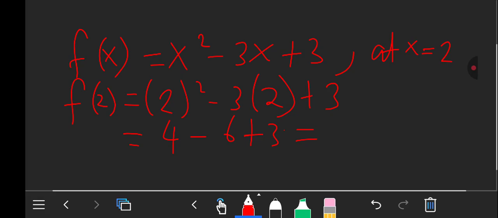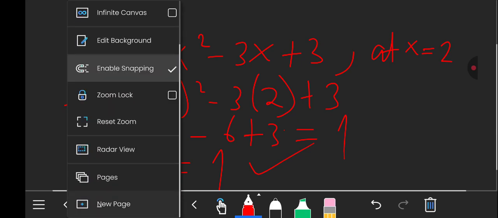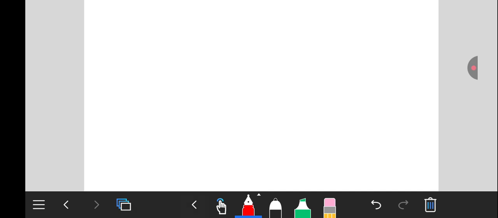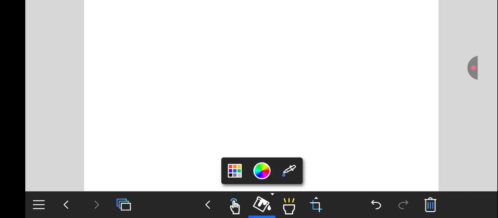This will give us what? That will give us a 1. So f of 2 is equal to 1. So we've determined one of the properties.